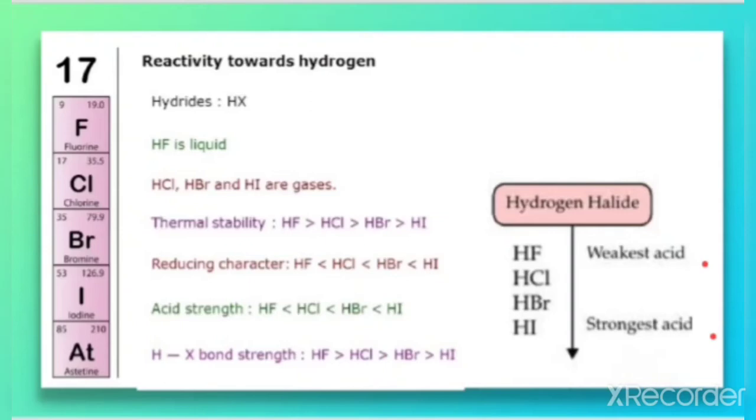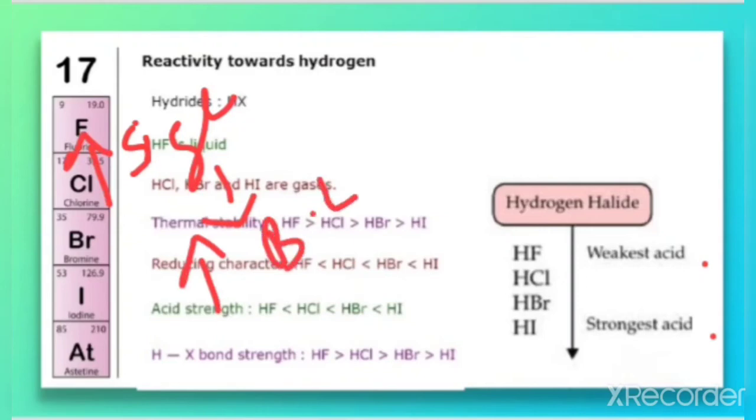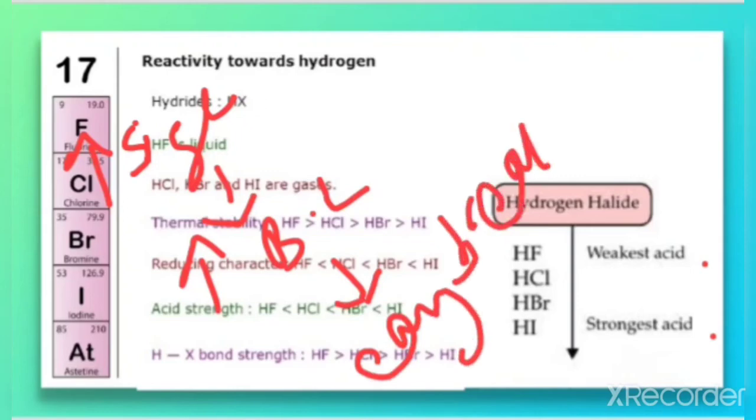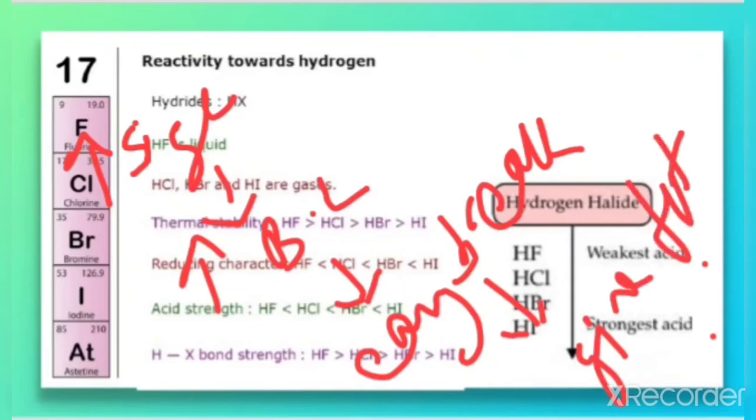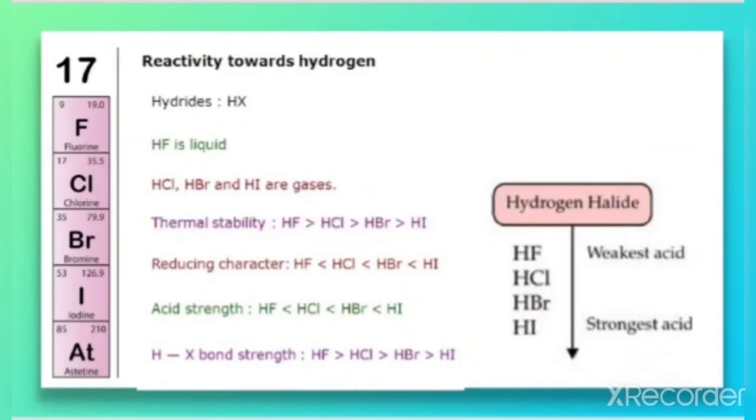So better learn this in points: greater the size, greater the bond length, easy to break, and when it is easy to break, it gives H plus easily. These are the points you need to remember for the acidic character. So it ultimately depends upon the size.